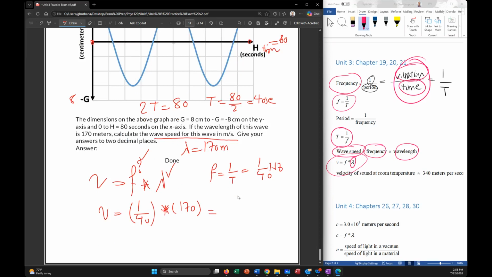So what would be the velocity? 170 divided by 40, rounded to two decimal places, is going to be 4.25 meter per second. 4.25 meter per second.